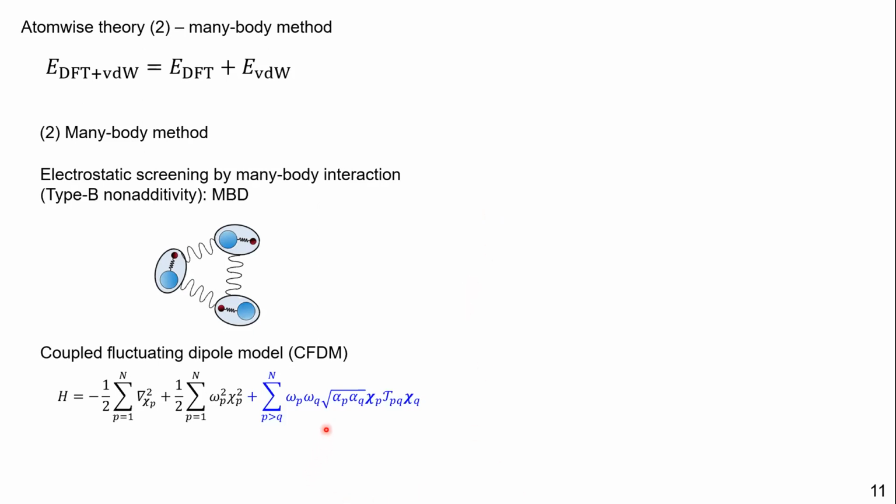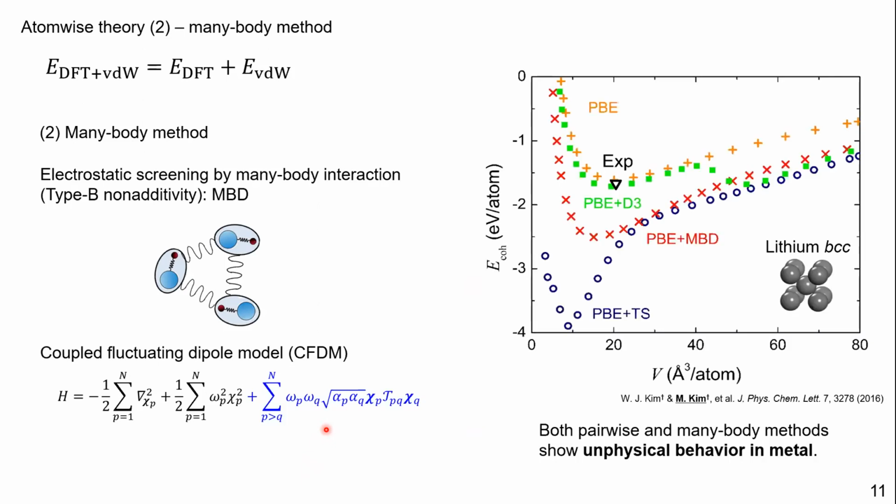So to estimate the amount of this third-body interaction, we can assume these interacting species are fluctuating dipoles, or kinds of harmonic oscillators, whose Hamiltonian can be constructed based on these harmonic oscillator models.